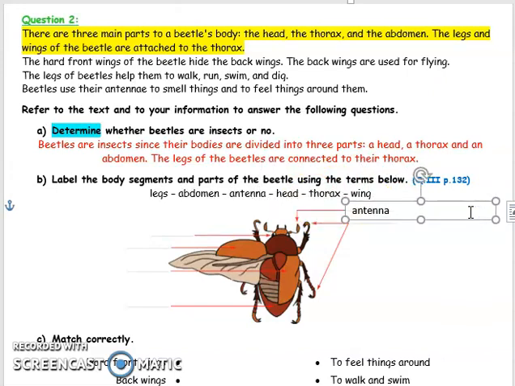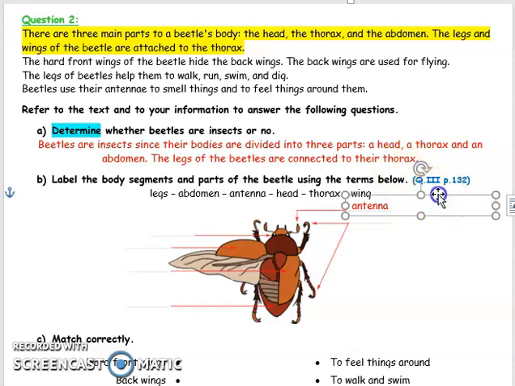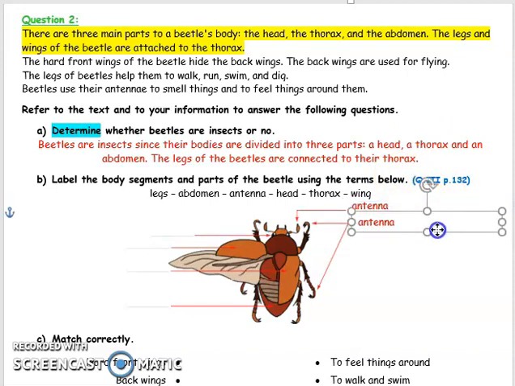So on the beetle's head, there are two antennae. So this is an antenna. Okay, and then what about these two? These two are the legs of the beetle.